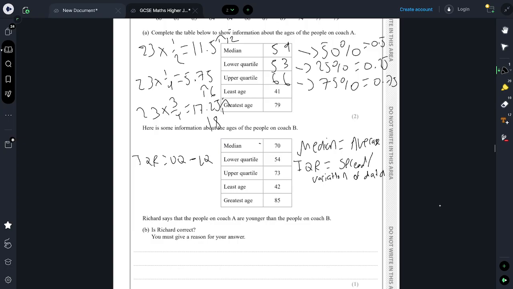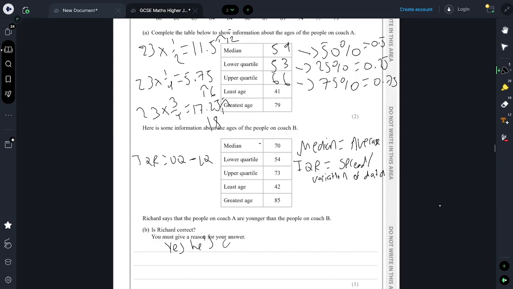And every data value is the same way. Lower quartile, 54 is higher than 53. 73 is higher than 66. 42 is higher than 41. 85 is higher than 79. So actually, Richard is correct, and you could just say the median.